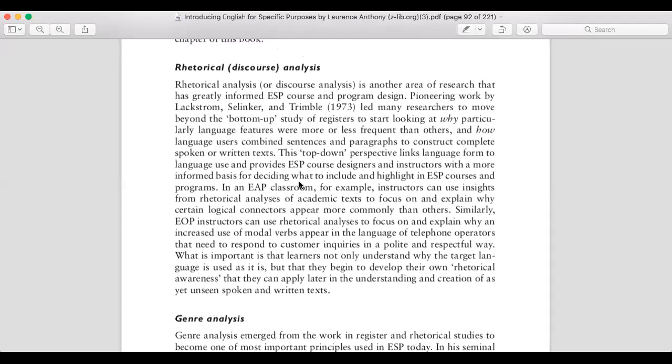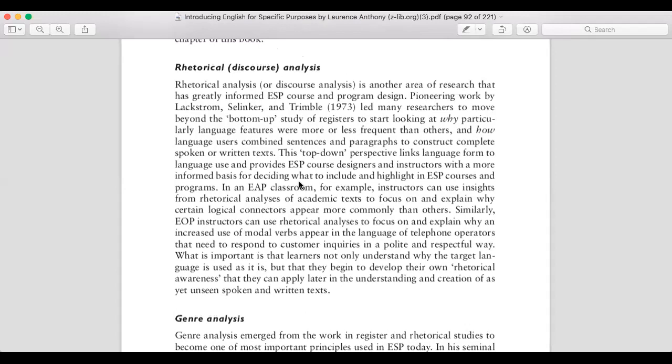And again, I'm reminding you that we are doing rhetorical analysis to come up with some objectives, okay, so that as ESP designers, we can come up with certain objectives.